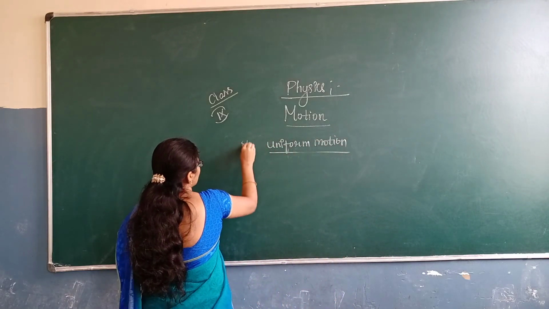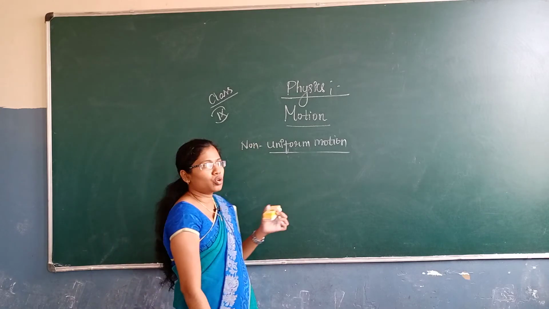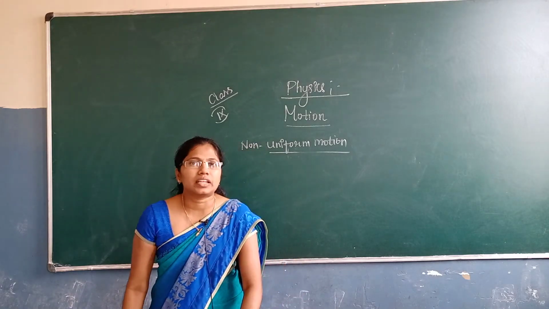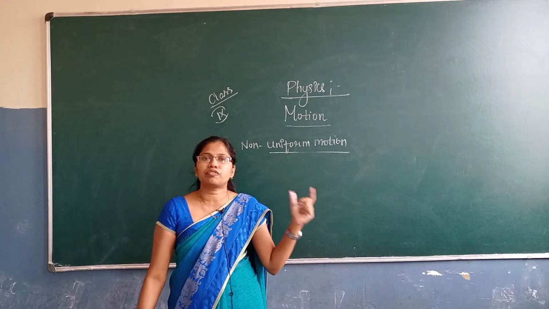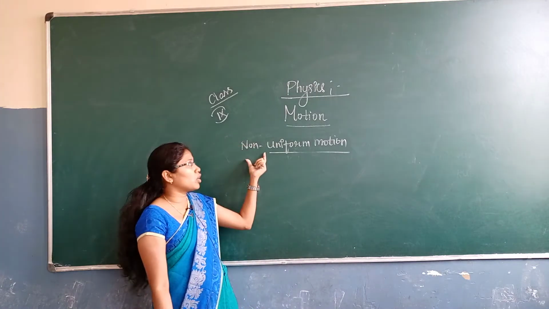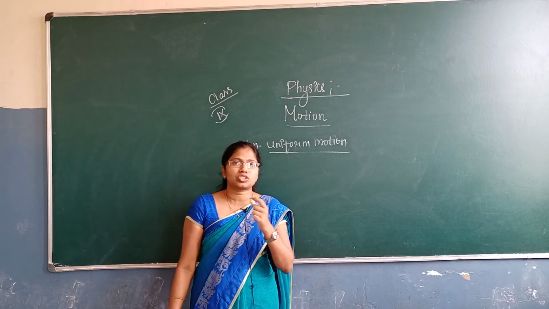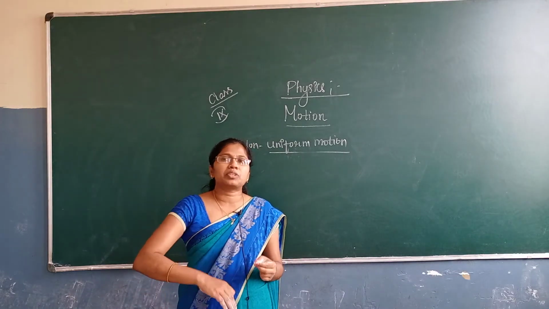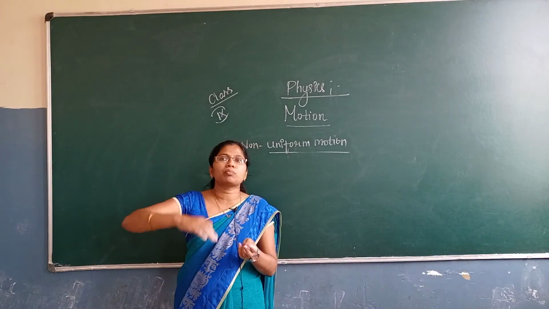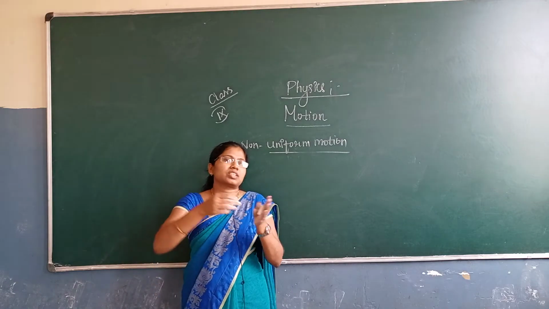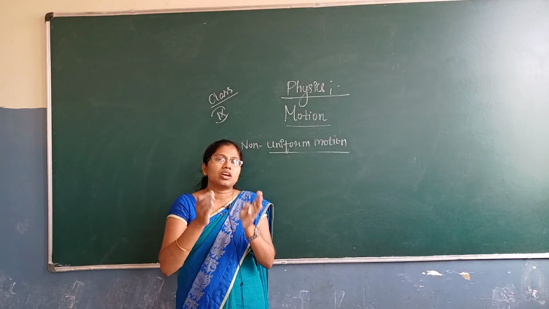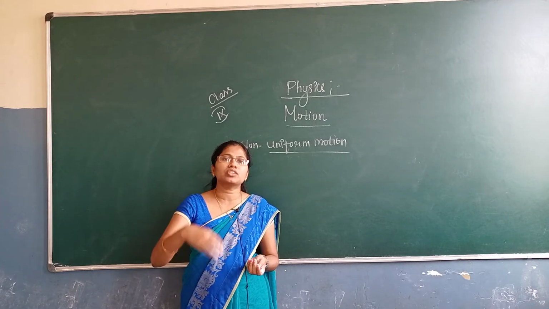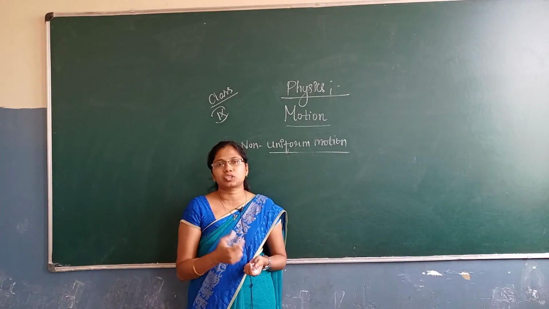Well, I told that in our day-to-day life we do not follow uniform motion. We follow non-uniform motion. Sometimes we may go very fast, or sometimes we move slow. So in the case of non-uniform motion, how to find out the speed?